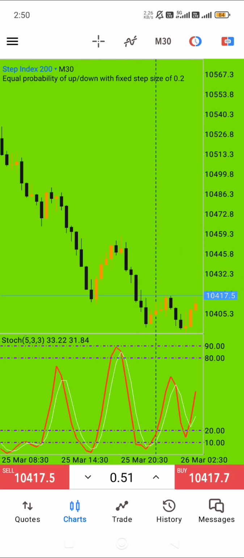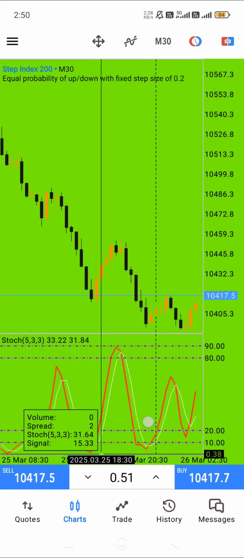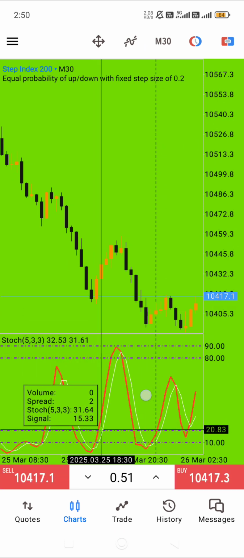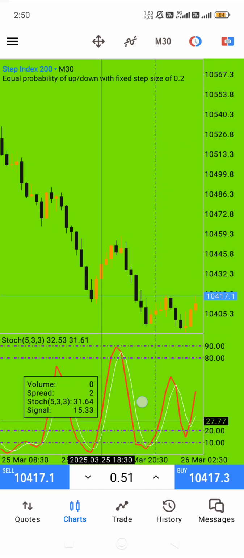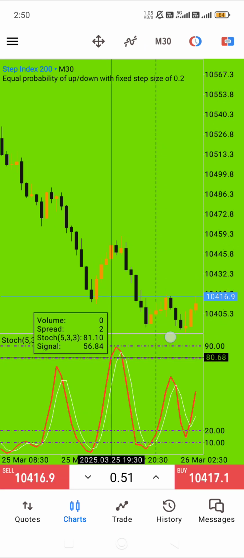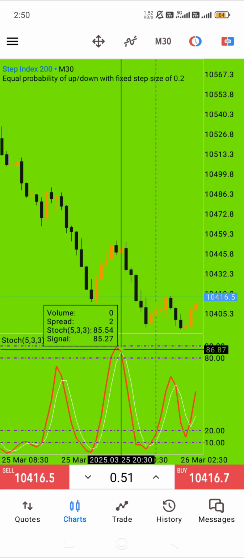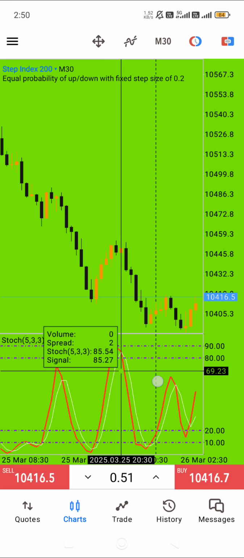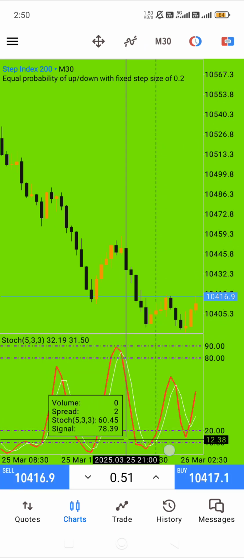Same thing again here, the market will go a little bit up, 10 and 20, you can trade here, buy trade. Here the 10 and 20 position crosses both lines, so you can trade, carry some points, then again it touches the 80 and 90 level, crosses both lines, then goes to downfall.